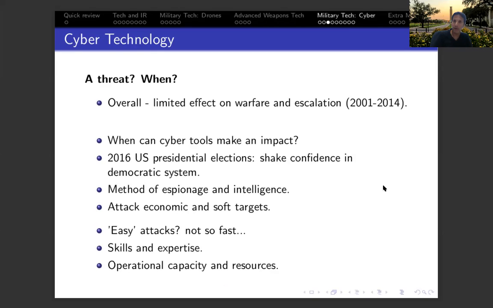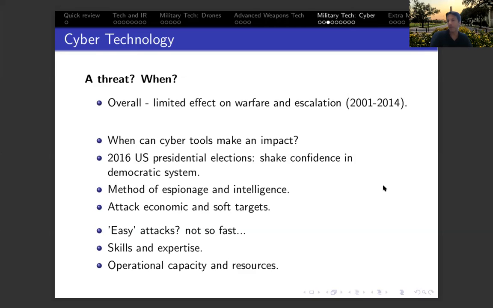And it's not very accurate to think that every person with basic computer connection and hacking skills can create large, significant cyber attacks against a nation state or a big organization. Those attacks require expertise and very significant skills and knowledge, as well as having the operational capacity and the resources to execute those attacks on such a larger scale.